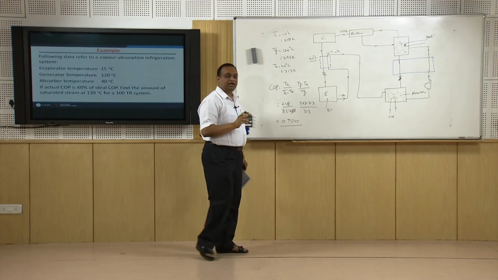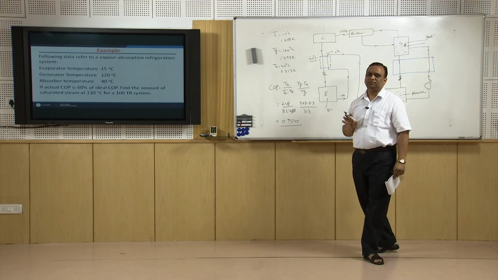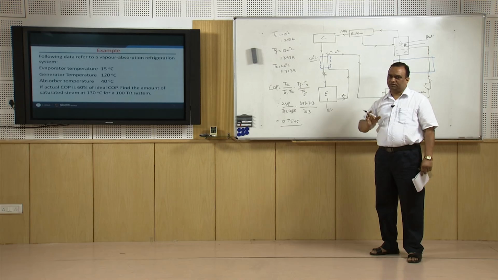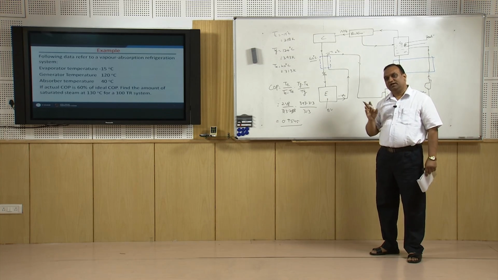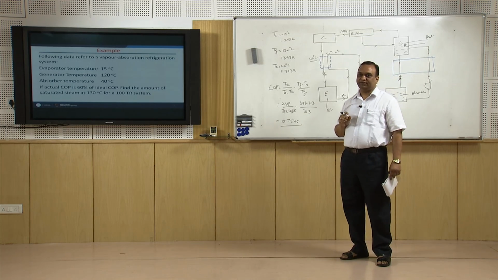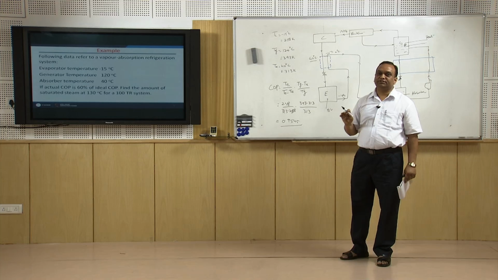COP of absorption system is close to 1, I mean 0.7, 0.8, 1 is very good. If you compare the COP of the vapor compression system, the COP is 3.5 and it goes up to 3.75. So it does not mean that the COP of the absorption system is very, very low.